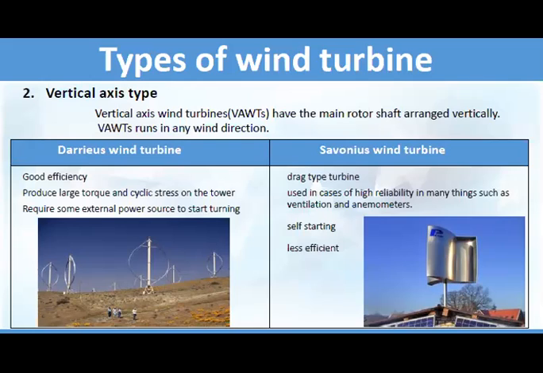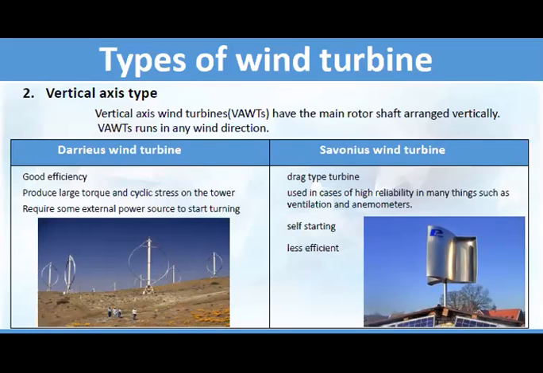Coming to the Savonius wind turbine, it is a drag type turbine, used where high reliability is needed in many things such as ventilation and anemometers. It is self-starting, but it is less efficient compared to the Darrieus wind turbine.